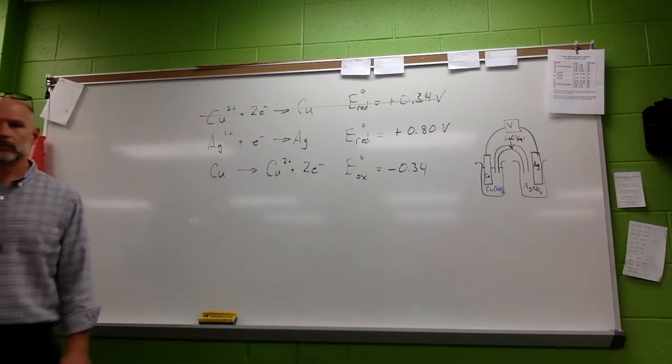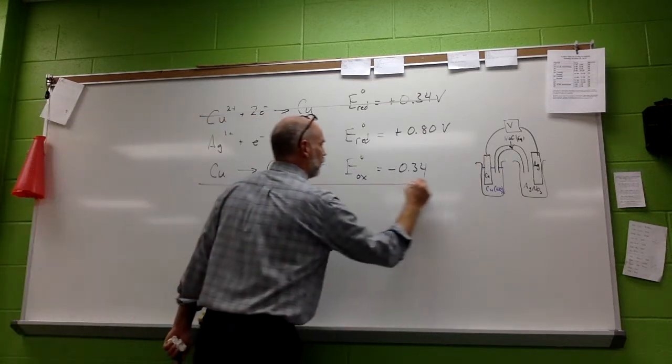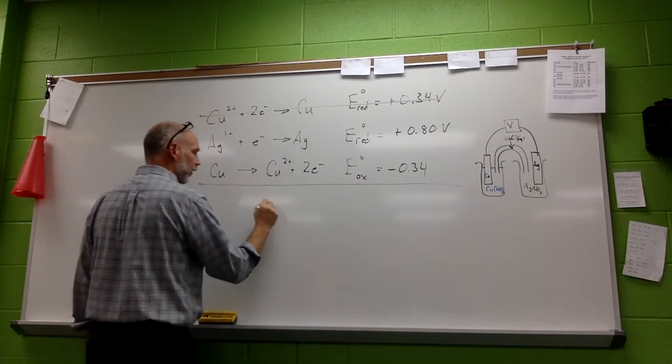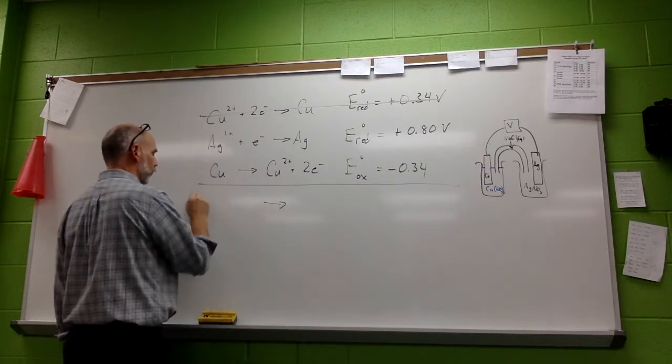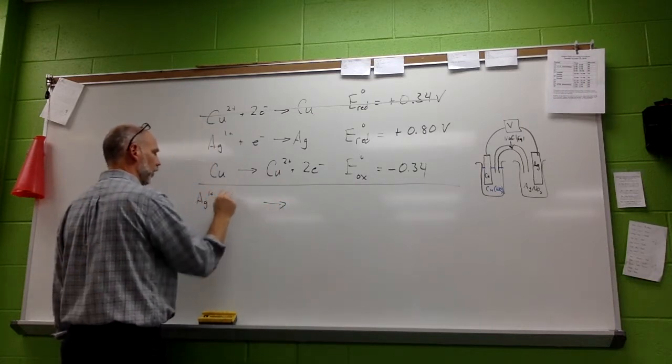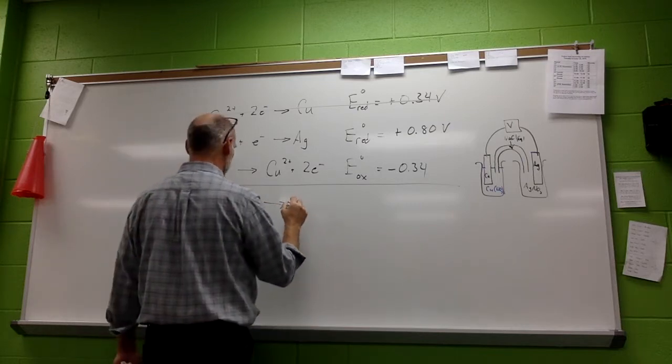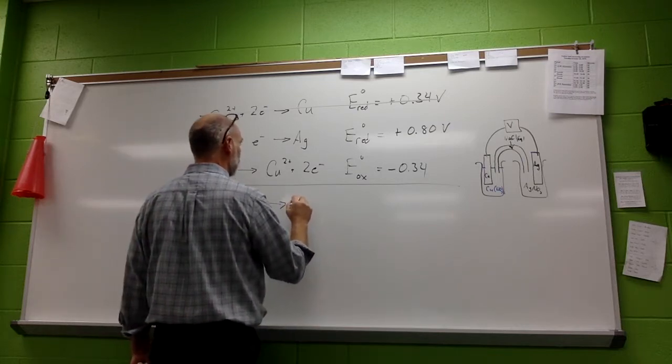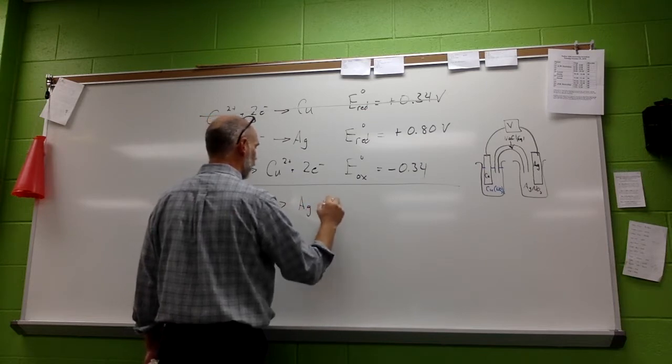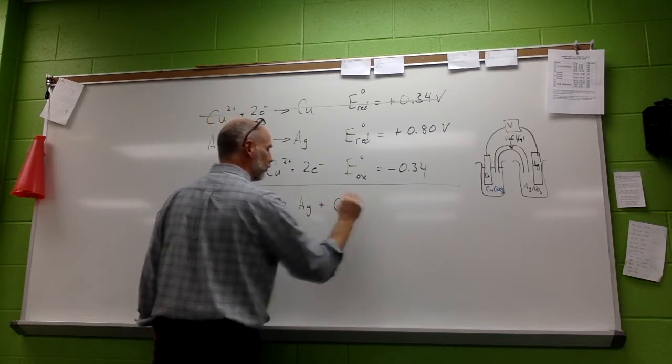Everybody hunky-dory? Okay. Writing the overall reaction, we get silver ion plus copper yielding silver plus copper 2.